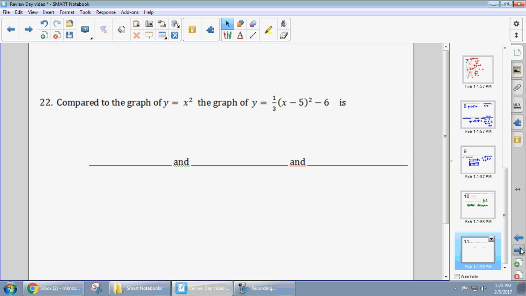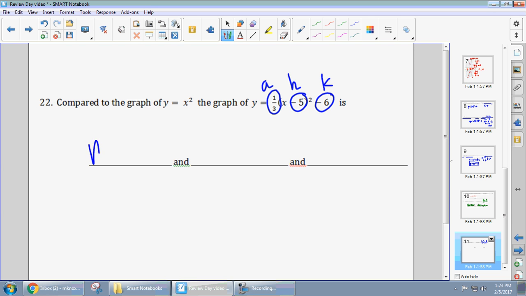Okay. Number 22, I'm going to let y'all do the odds on this page. Compared to the graph of y equals x squared, the graph of y equals 1/3 x minus 5 squared minus 6 is, and I'm going to identify these parts. So this is my a that changed, this is my h, and this is my k. A, it's a fraction, so that means that I widened.